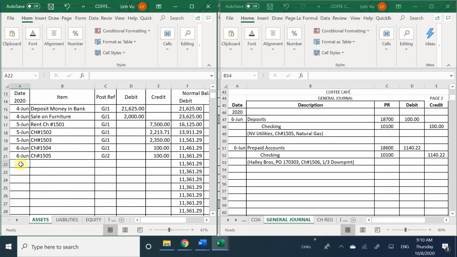Now we're going to fill in that I made a payment using check number 1506 for a credit of 1,140.22, which should decrease my money in my bank to now $10,221.07.